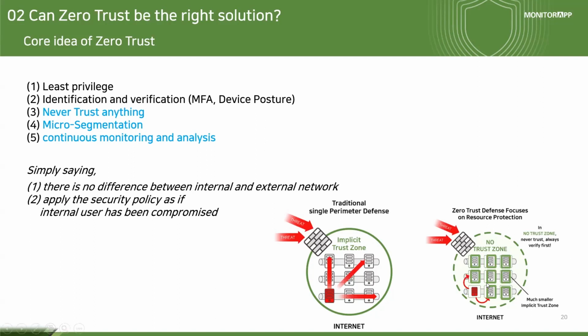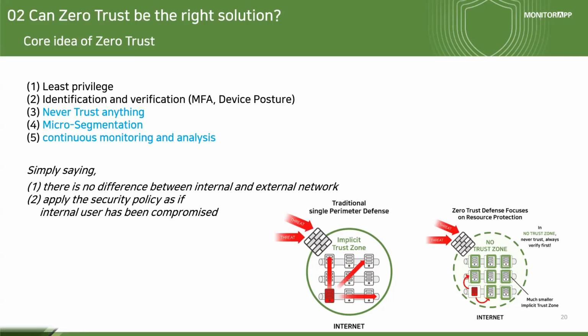But in a micro-segmented environment, even though a resource has been compromised, it's almost impossible or very hard to impact the other resources. And number 5 is continuous monitoring and analysis.